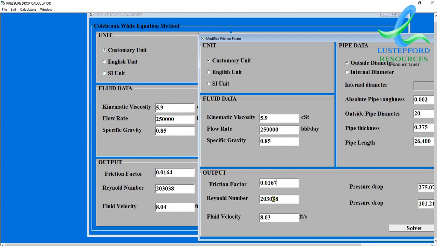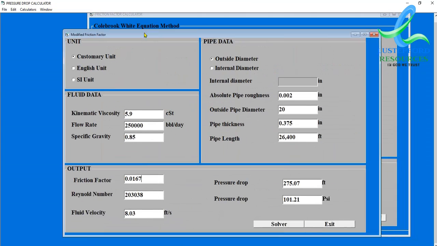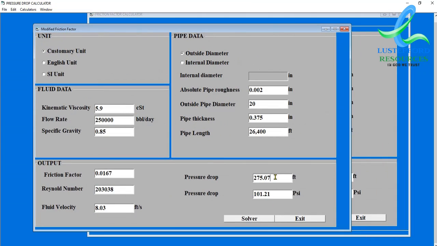The Reynolds number is the same. The fluid velocity is slightly different. This is 275.07, which is over 100.